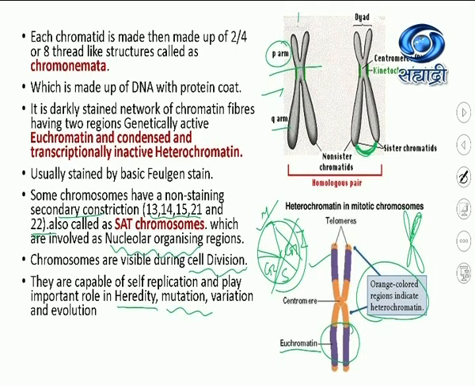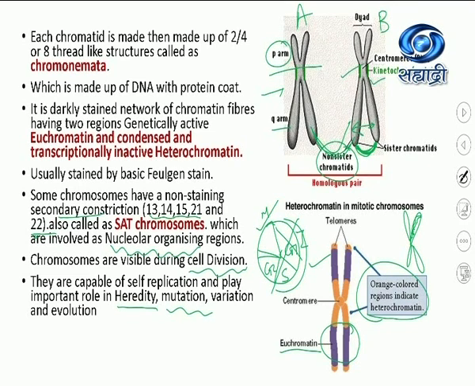But this chromosome, suppose I call it A, and this chromosome, suppose I call it B. A and B are homologous chromosomes, a homologous pair, and the chromatids of the homologous pair are called non-sister chromatids. You should be clear about this too. These two are sister chromatids, but these two are non-sister chromatids.